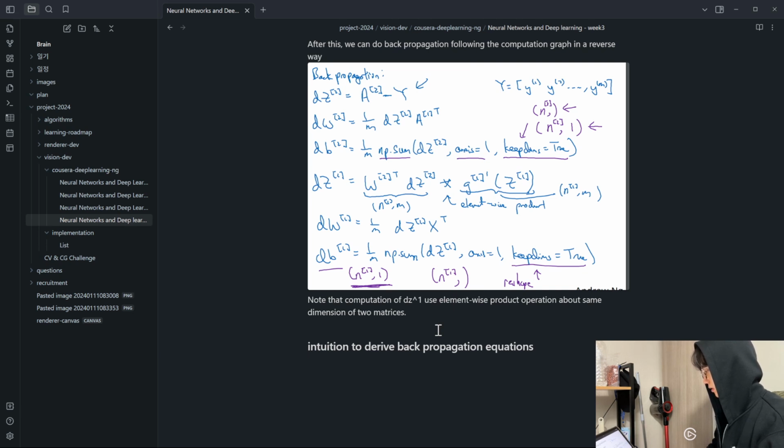So that's why this expression, which is dz in our code, is equal to this expression, which is da in our code, times g prime of z. So that last derivation would make sense only if you're familiar with calculus and specifically the chain rule from calculus. But if not, don't worry about it. I'll try to explain the intuition wherever it's needed.